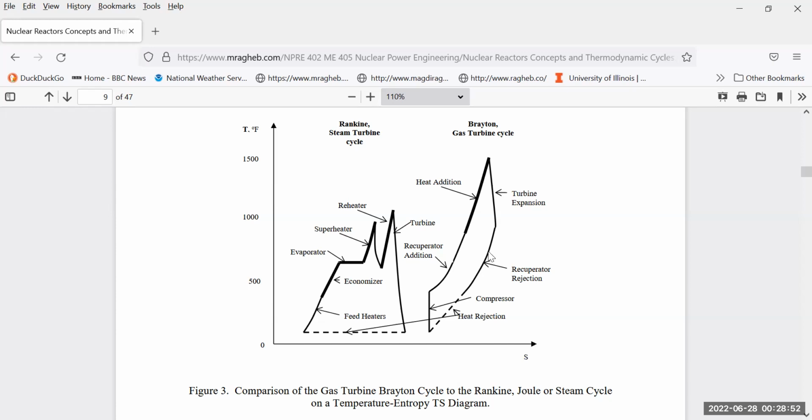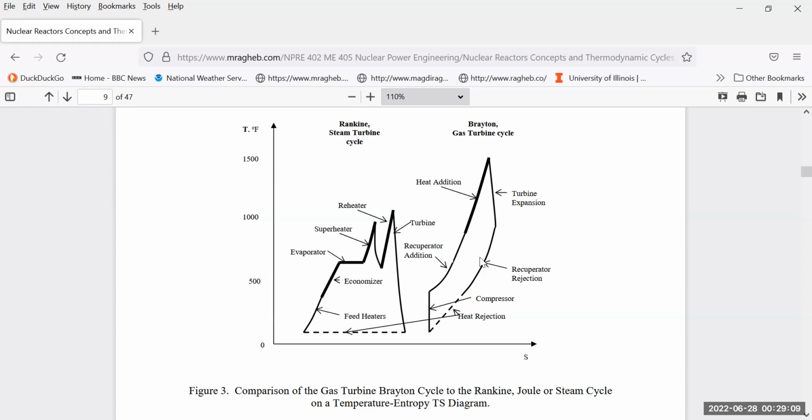You extract some of the heat from it, with what's called a recuperator. That heat is taken from here and you add it to the coolant before you add it back into the reactor. So you try to enhance the efficiency by not rejecting all the heat to the environment.